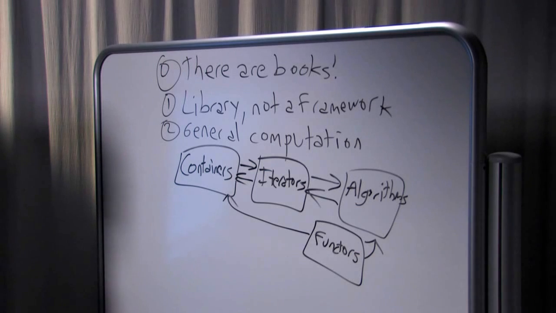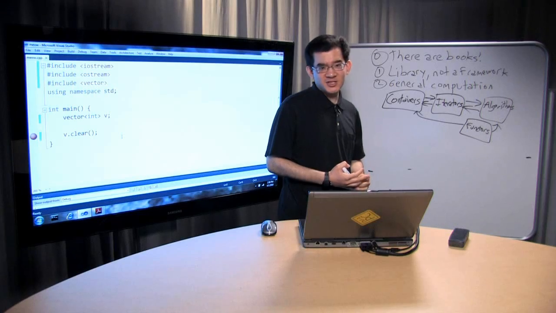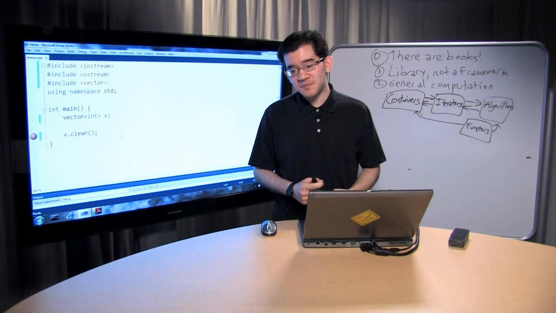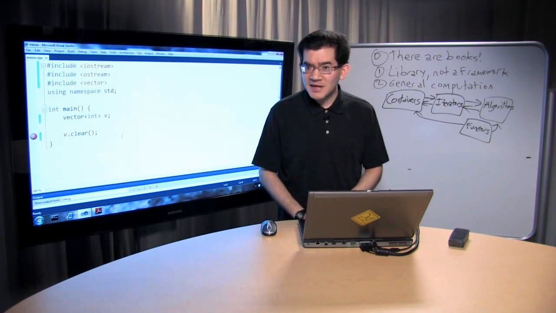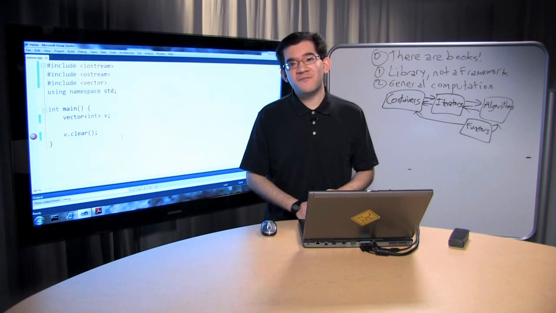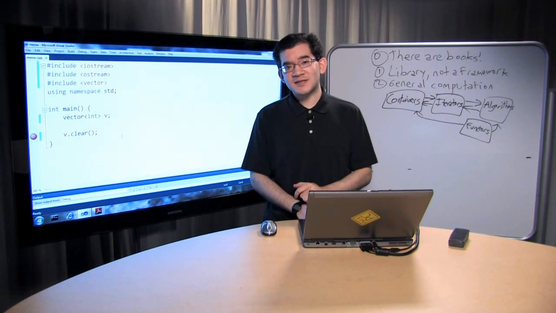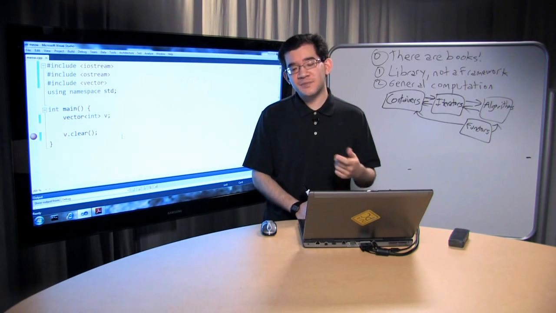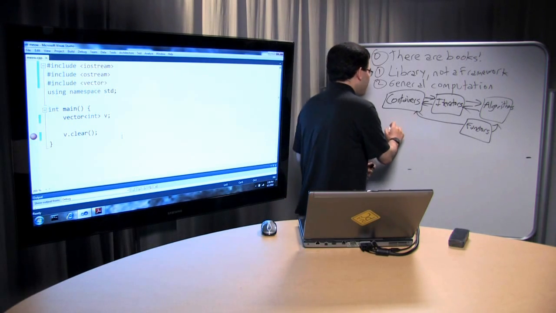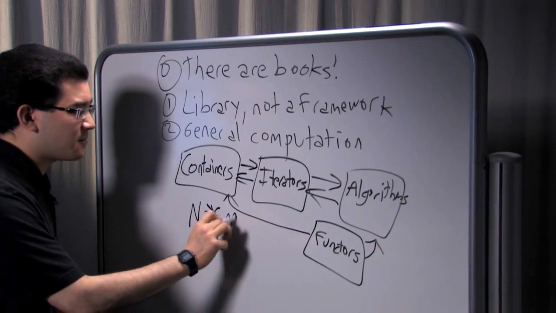And there's a method behind this structure. Back before the STL was first developed by Alexander Stepanov, many people had libraries while C++ was being developed for general computation. Things like doubly linked lists, flexible arrays. And the problem was they ran into this issue that's now called the n times m problem.